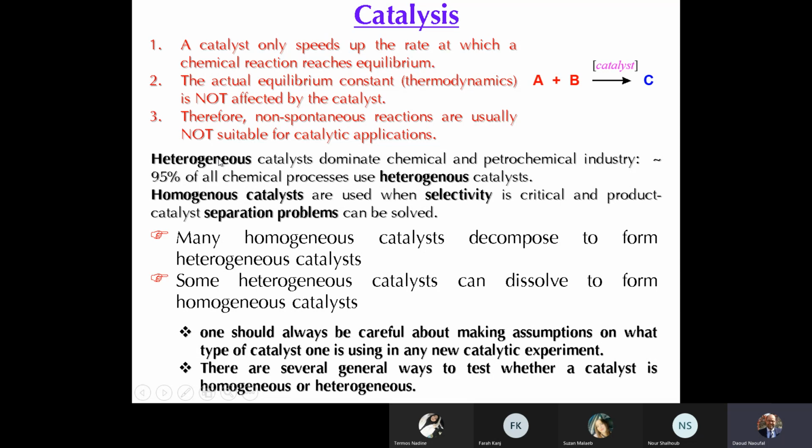A heterogeneous catalyst is added to the reaction system A plus B, and the catalyst and the reaction system form more than one layer. So this heterogeneous catalyst will work on the surface of the catalyst. And at the end, by filtration, we can regenerate the catalyst and reactivate it in order to be reused.